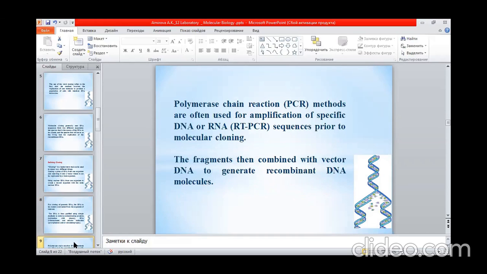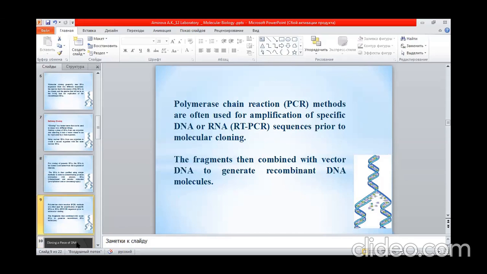Polymerase chain reaction, PCR methods, are often used for amplification of specific DNA or RNA (RT-PCR) sequence prior to molecular cloning. The fragments are then combined with vector DNA to generate a recombinant DNA molecule.